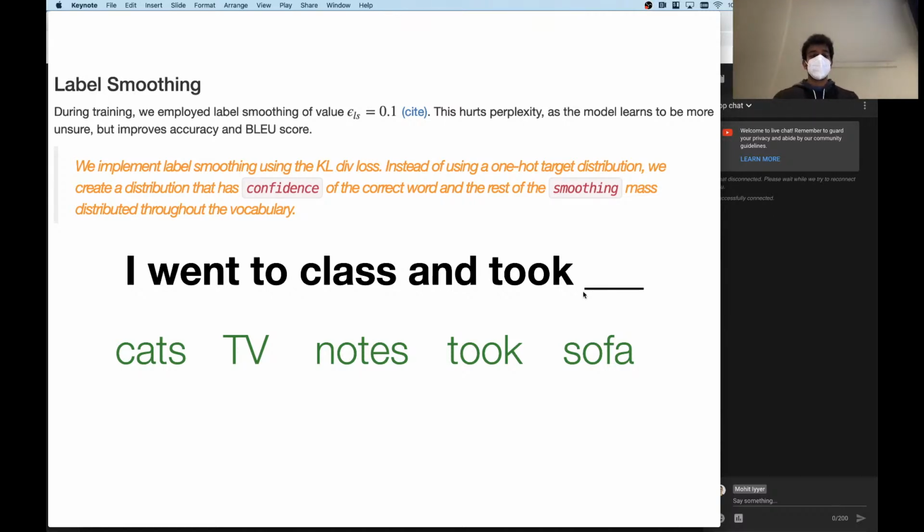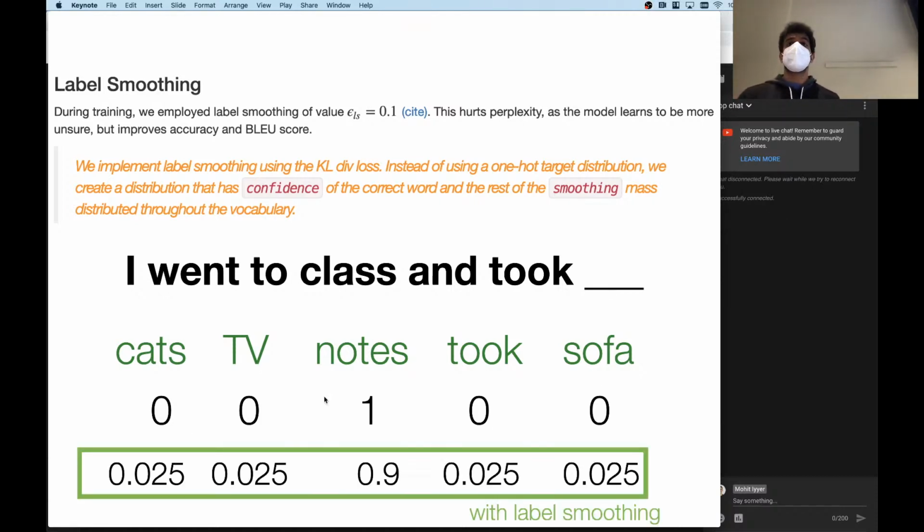So if you train the model in this way, and especially if you have a relatively small data set, your model can become irrationally overconfident on the prediction of the next word. This is the ground truth distribution that we've been using with 100% probability on "notes." And this is what happens when you apply label smoothing. Basically you subtract some fixed probability mass from the ground truth word.